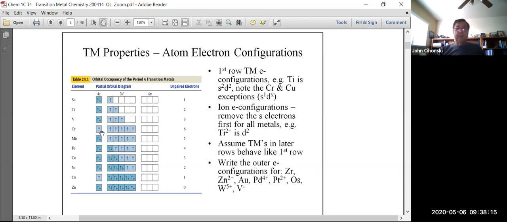Now, if we look at the first row of transition metals, so you might want to pull out a periodic table, what you will see is for scandium, we filled the 4s electrons, okay? Why did they come first? Because the 4s level is lower, more stable than the 3d orbital, okay?